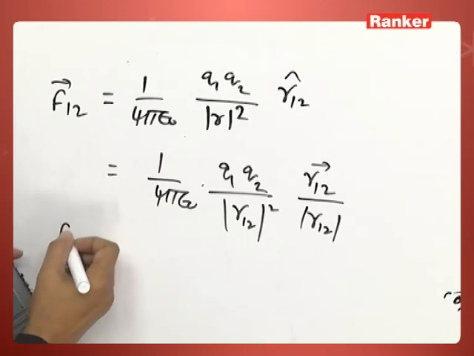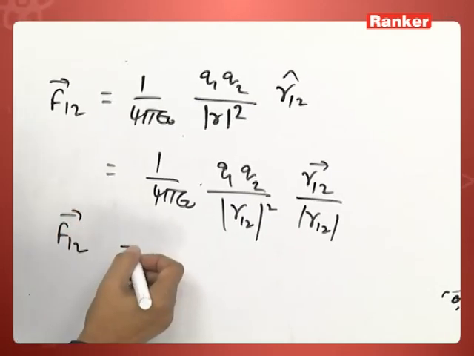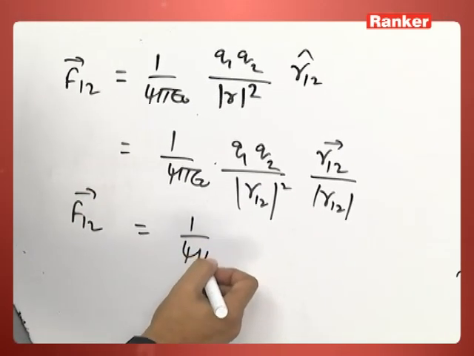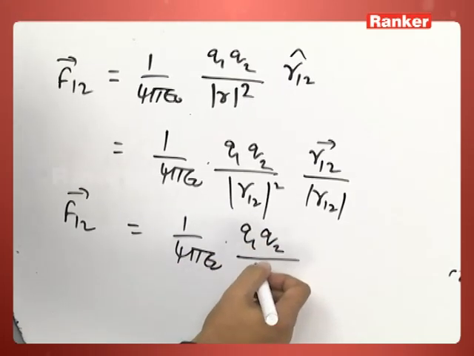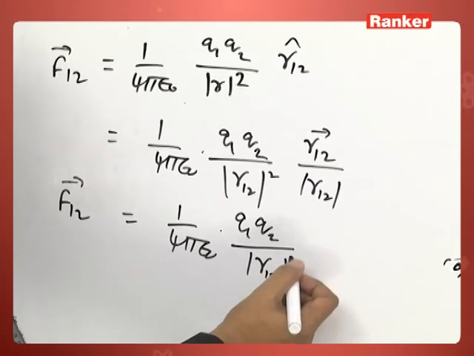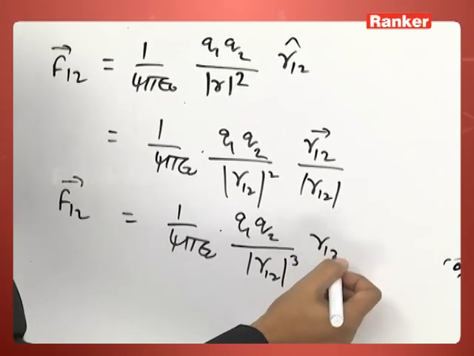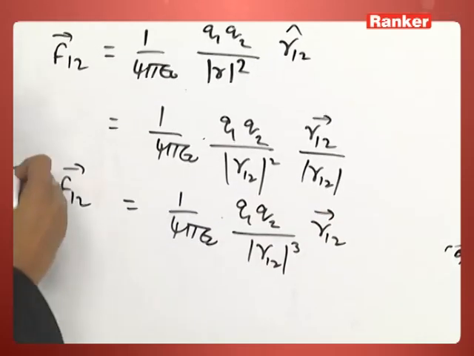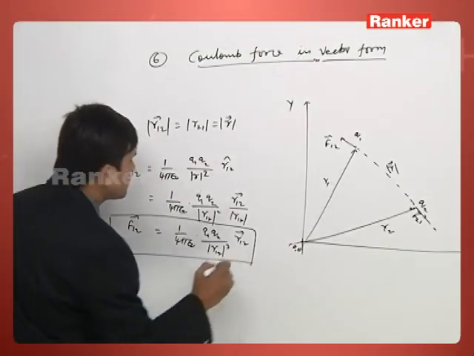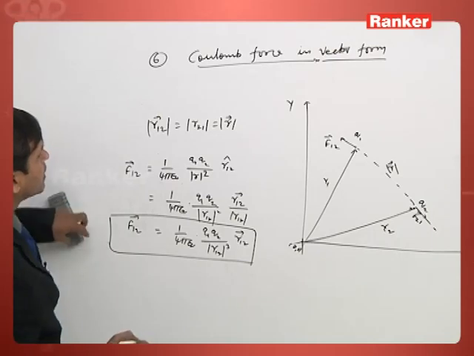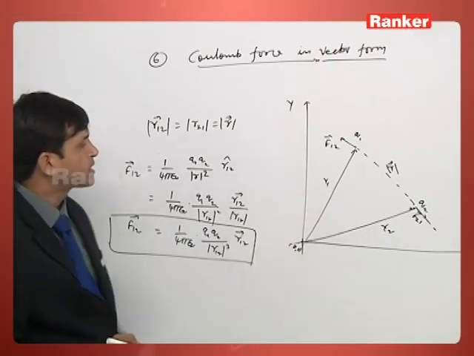So F12 can be written as 1 by 4 pi epsilon naught Q1 Q2 by mod of R12 whole cube into R12. This is the vector representation of the force on charge 1 due to charge 2.